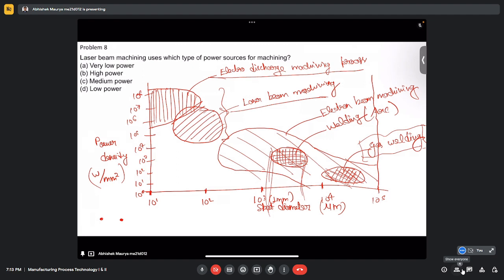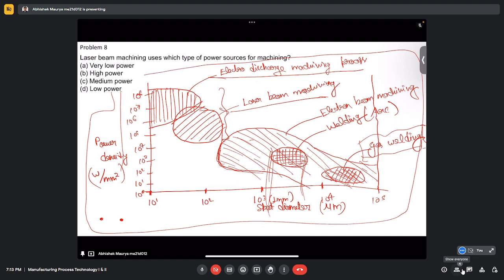But again, they also have limitations: we cannot get a bigger spot diameter for laser beam machining as well as electro discharge machining. So based on the specific application we are looking for, we use a suitable process. Based on power density and spot size, we can use this diagram to choose the suitable process.